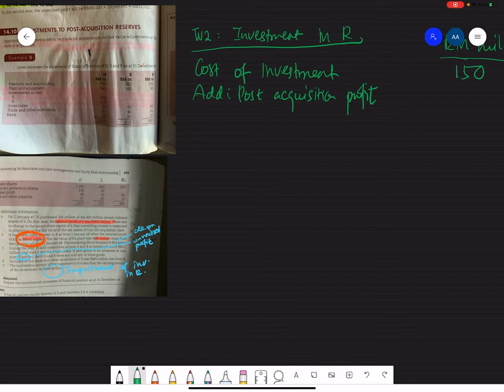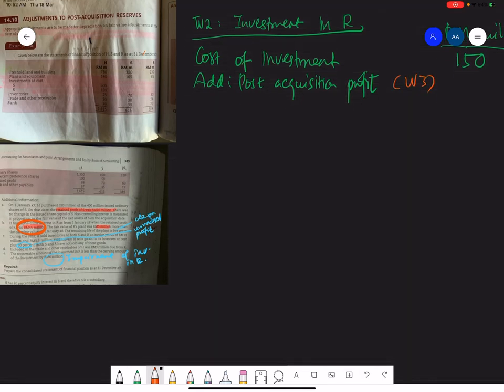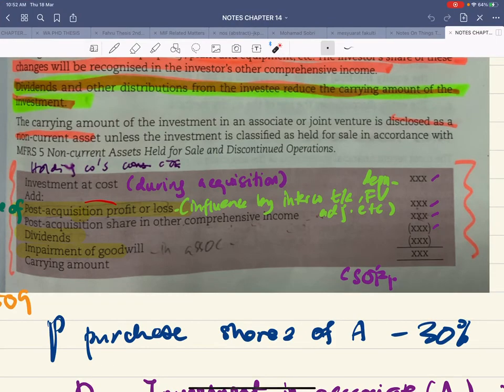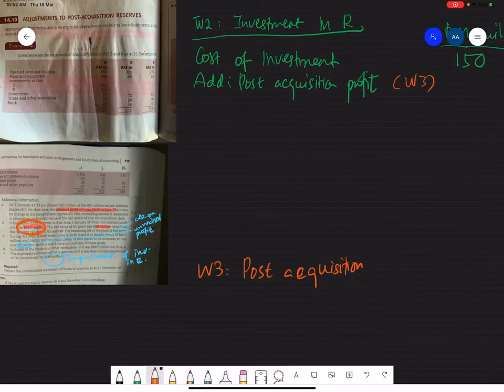So we do this as working 3, post acquisition profit, because we put it in another working. It's because we want to follow this format. It's easier for you to remember. Post acquisition profit, in million.